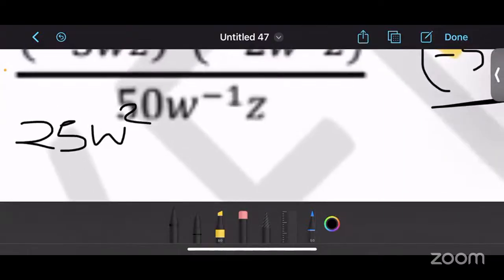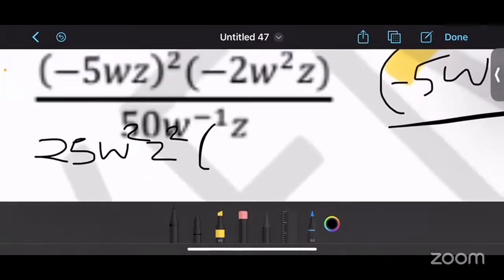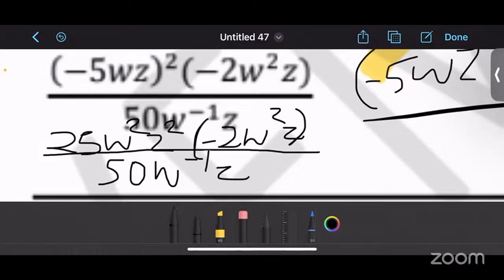And then Z multiplied by Z is going to be Z squared. And then we're going to open bracket and rewrite -2W squared Z, okay? And then our numerator will remain like that, and the denominator will remain the same. So it's 50W to the power of -1 Z, okay?